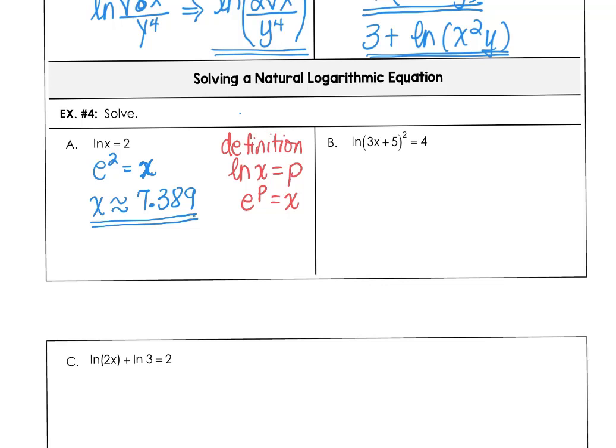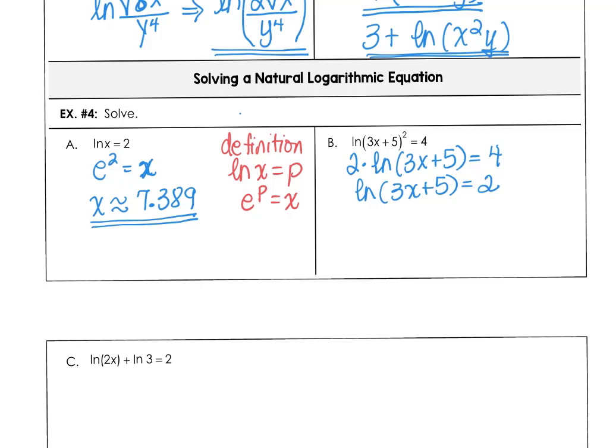In part B, we want to use the properties and multiply 2 times the natural log of 3x plus 5, and that's equal to 4. And then we could divide both sides by 2 to get natural log of 3x plus 5 is 4 divided by 2, so that's equal to 2.